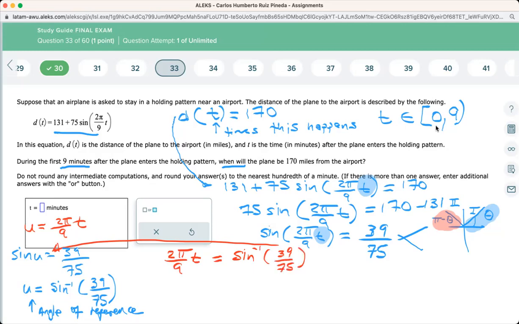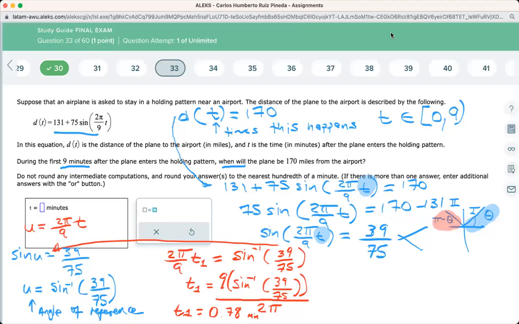To isolate t, for t1, the 9 goes multiplying and the 2 pi divides it. Using a calculator, t1 is 0.78 minutes.